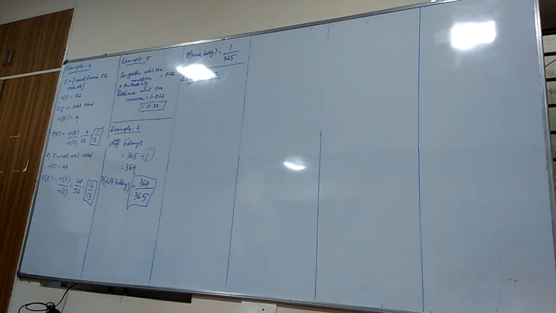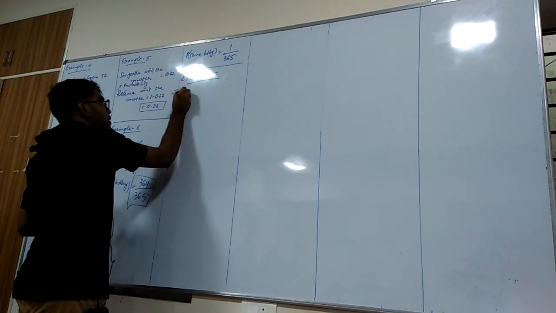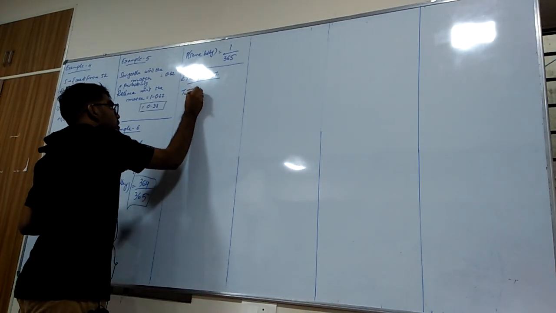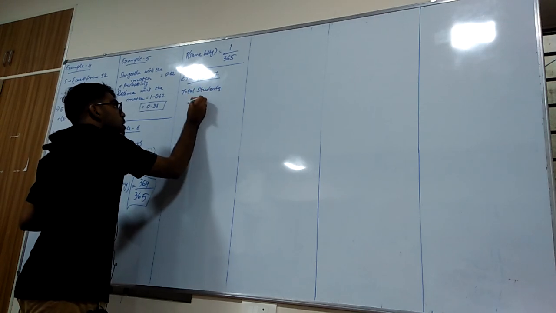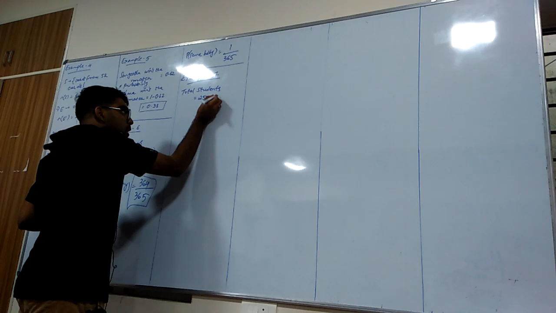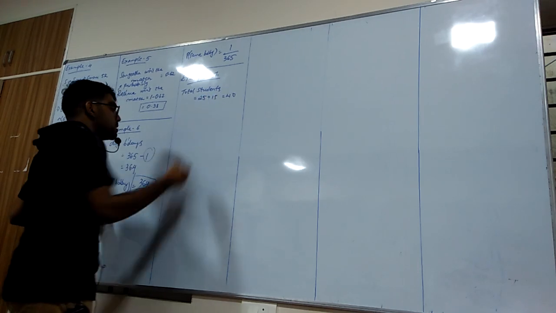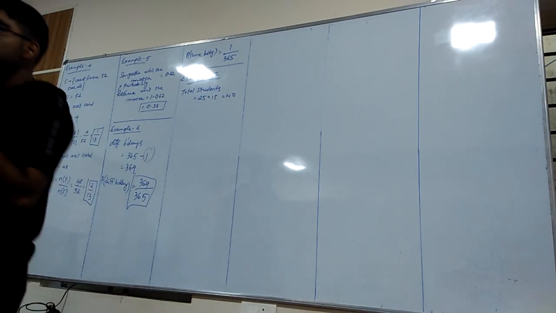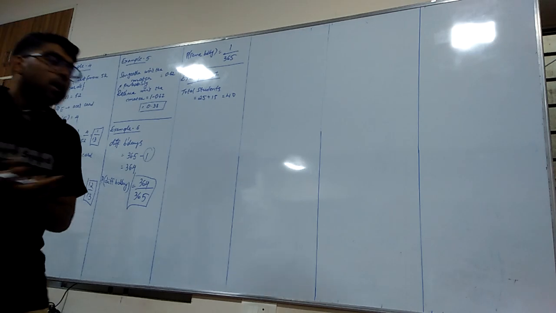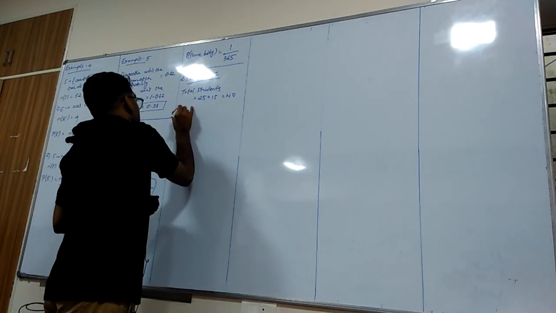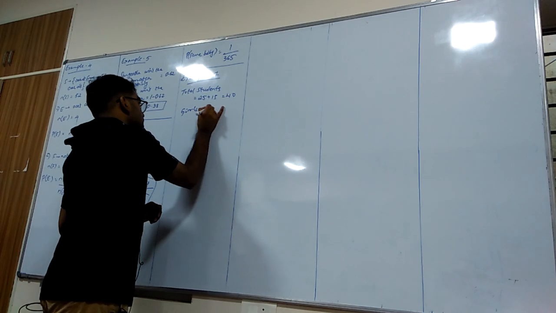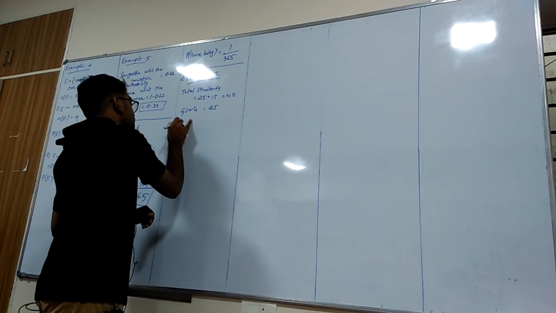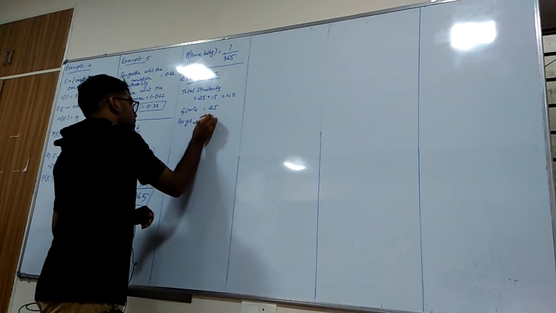The total number of students is 25 plus 15, that is equal to 40 students. Out of which girls are 25, boys are 15.